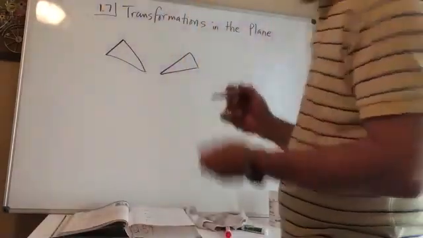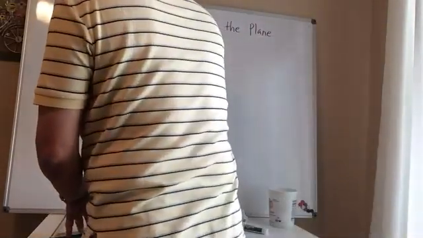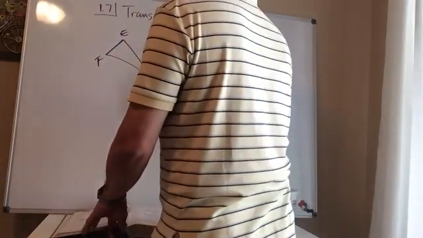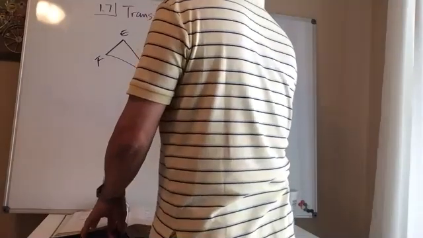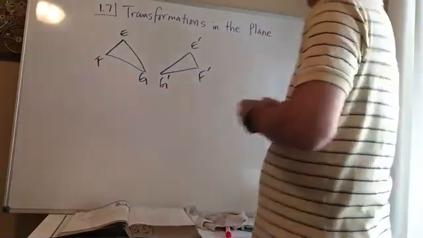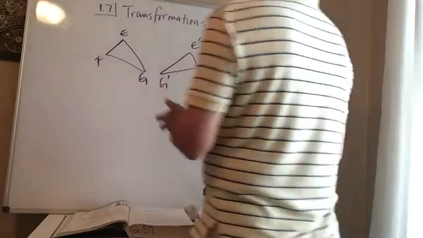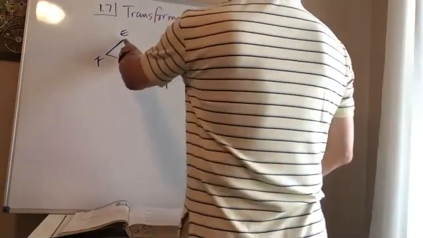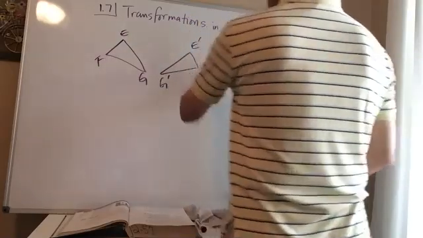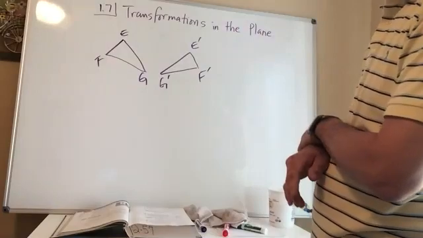Okay, and we have triangle EFG, and we have a new triangle E prime, G prime, and F prime. Okay, all right. So as you can see, E and E prime are over here, G and G prime over here, F and F prime are over here, okay, this is definitely not a translation, correct?